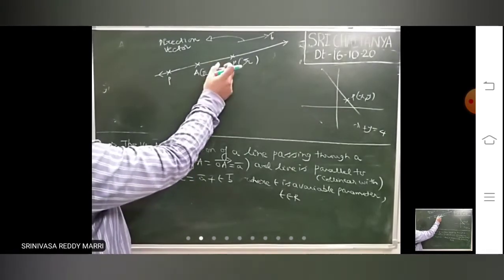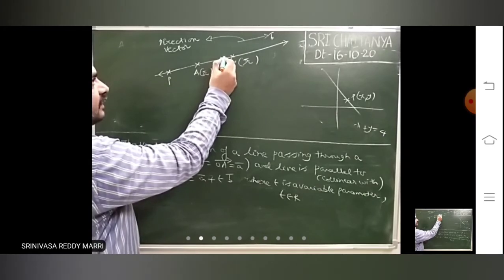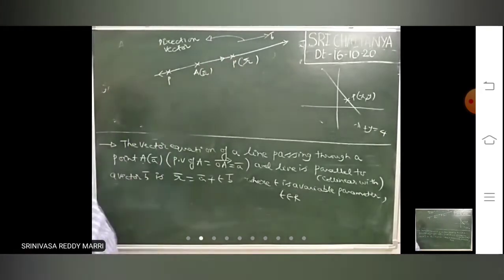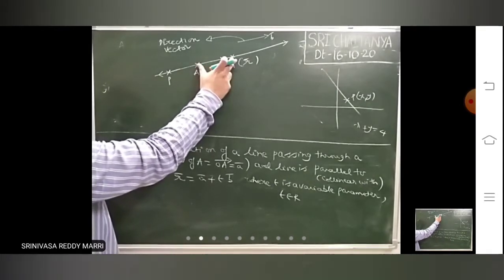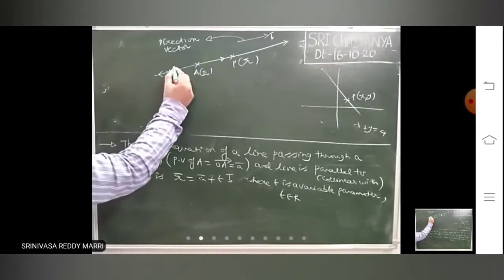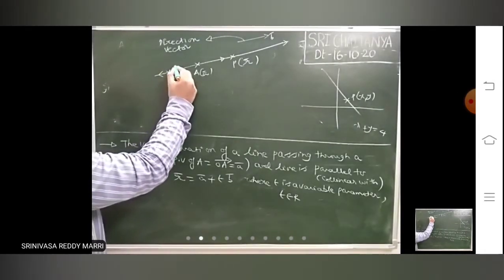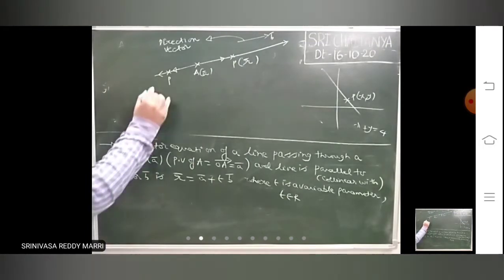Now look at any position. Suppose P is like this, you join AP bar. If P is on this side, AP bar and B bar will have the same direction. If P is on the other side, AP bar and B bar will have opposite directions.